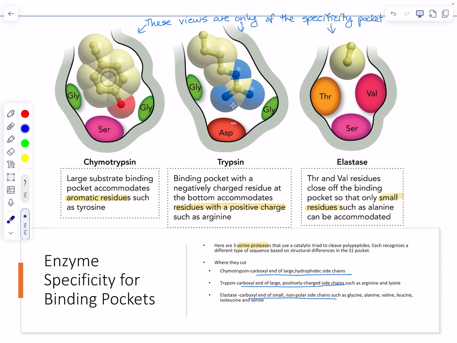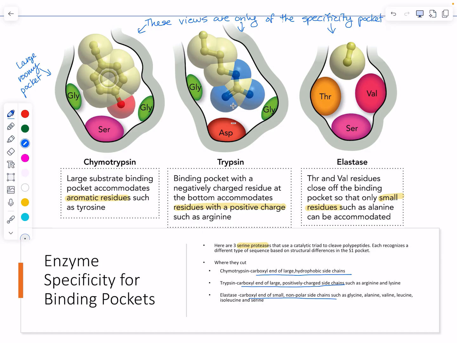So the enough space part is the glycines. Glycines are very small, right? They don't have anything more than a hydrogen on their side chain. So if your glycines are lining that specificity pocket, there's a lot of room in there, okay? So we've got a large, roomy pocket.